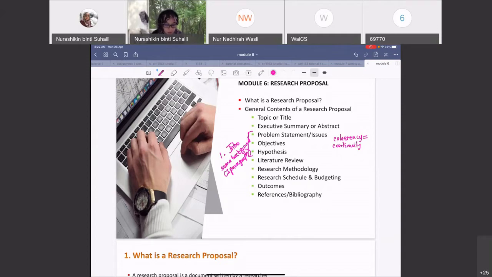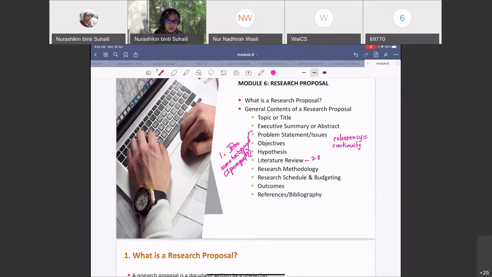The second chapter is the literature review. This should be numbered as 2.0. The literature review is a section where you elaborate further. So what is the difference between the intro and the literature review chapter? For the intro chapter, you don't elaborate in detail on the background.